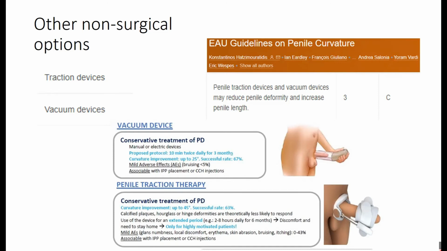Curvature improvement of up to 25° will occur, and the success rate is around 70%. Another one is penile traction therapy. This is also a conservative treatment for Peyronie's disease. Curvature improvement is up to 45°, and the success rate is around 60%. This one is the traction, and this one is the vacuum device.